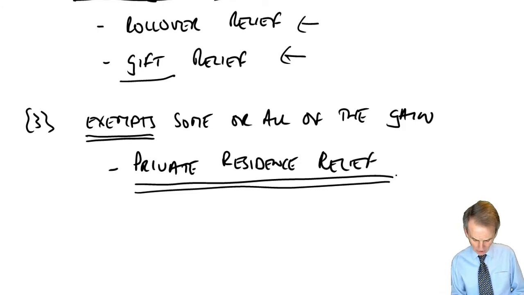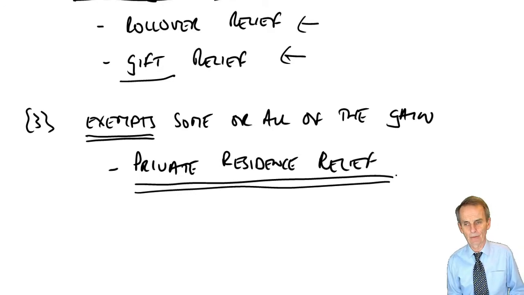Now, it doesn't say private residence exemption, it says private residence relief. So most disposals of private residences where the owner has lived in that property, then those gains will be fully, 100% private residence relief will be available, which is as good as saying it is exempt.